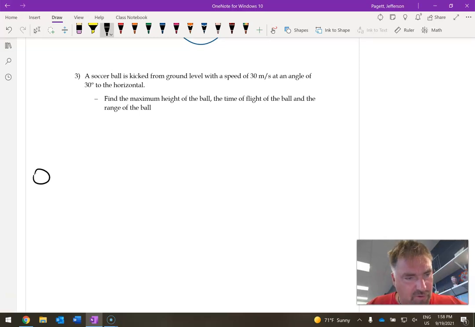So here's my soccer ball, and for those of you that are soccer players, I apologize. This is a really bad soccer ball. You get the idea, though. And I am kicking this, 30 meters per second at a 30-degree angle.